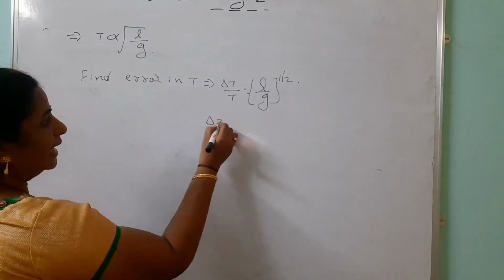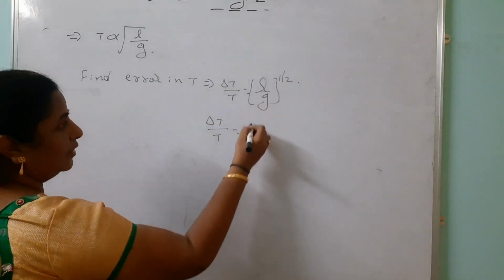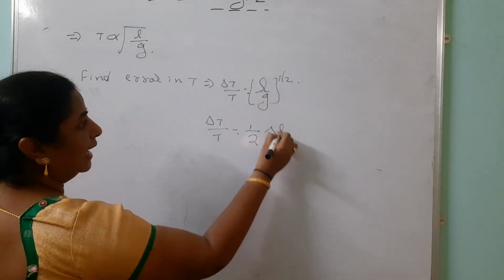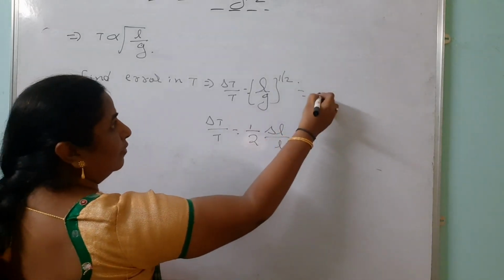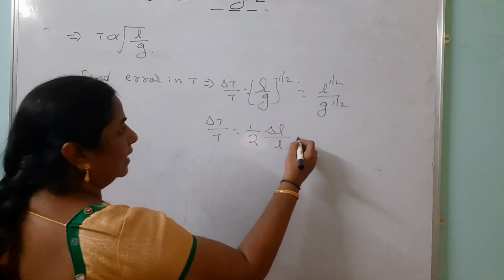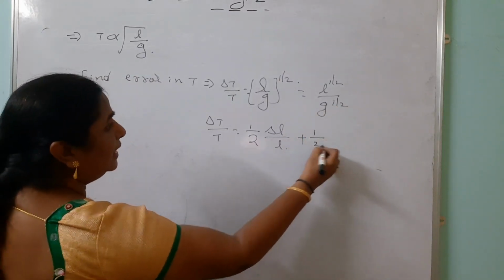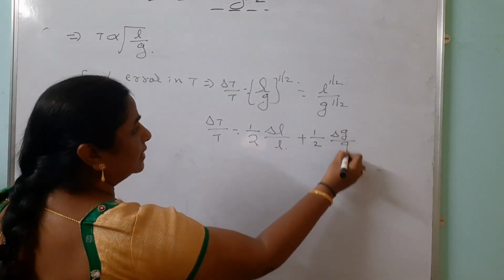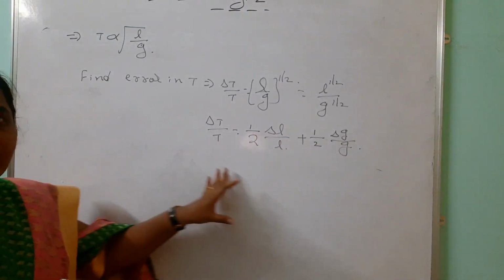So delta T by T equals 1 by 2 into delta L by L. If you want to write one more step, L to the power of 1 by 2, G to the power of 1 by 2, plus 1 by 2 into delta G by G. So this is the error in time period.